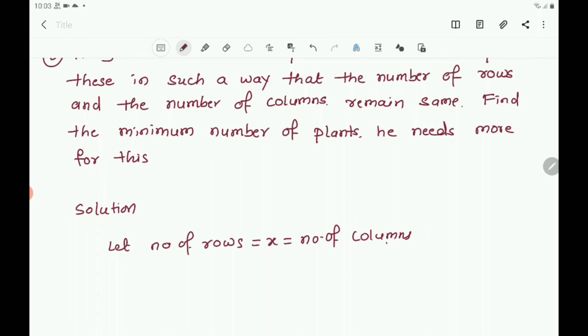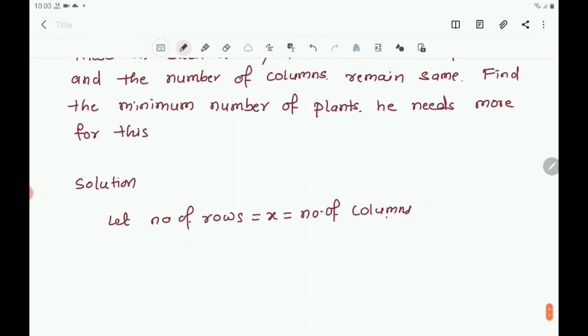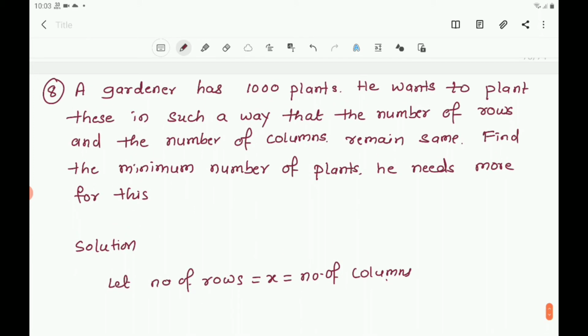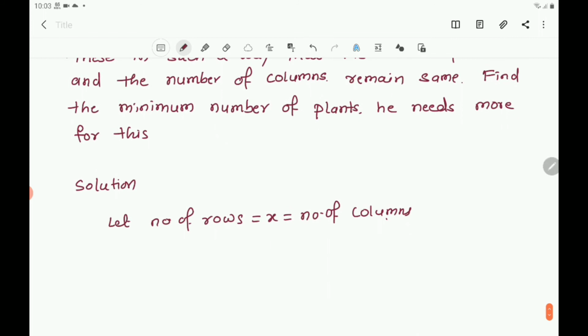Both are x. Then you know that the total number of plants equals x into x equals x square.